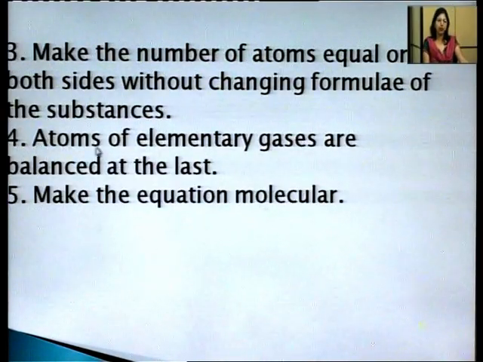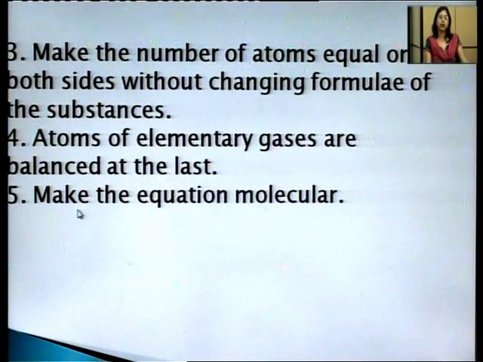In the fourth step, atoms of elementary gases are balanced at last. So we will balance the atoms other than those of elementary gases first, and at the last, elementary gases are balanced. And in the last step, make the equation molecular.